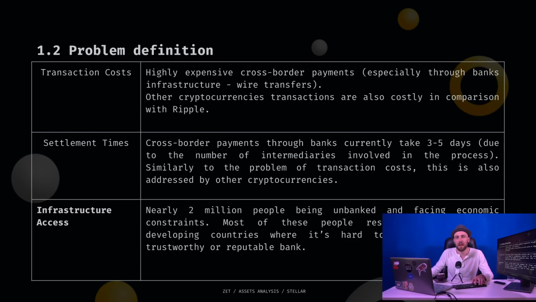Mostly from developing regions such as Asia and Africa, and I think the MENA region, and probably South America. So 2 billion is a big number, and those people do not have access to any banking or financial infrastructure. Moreover, they have risks.